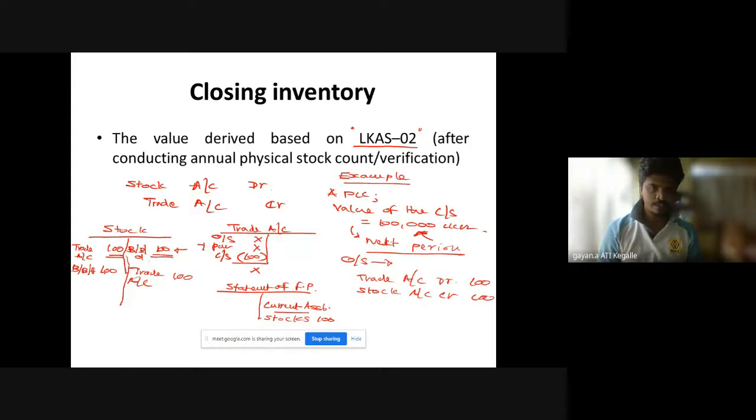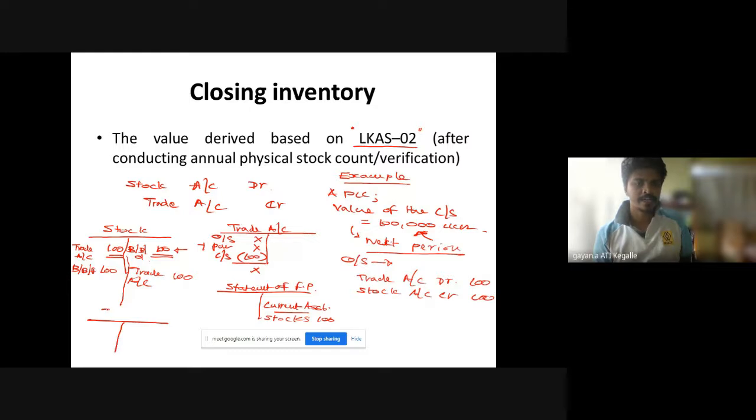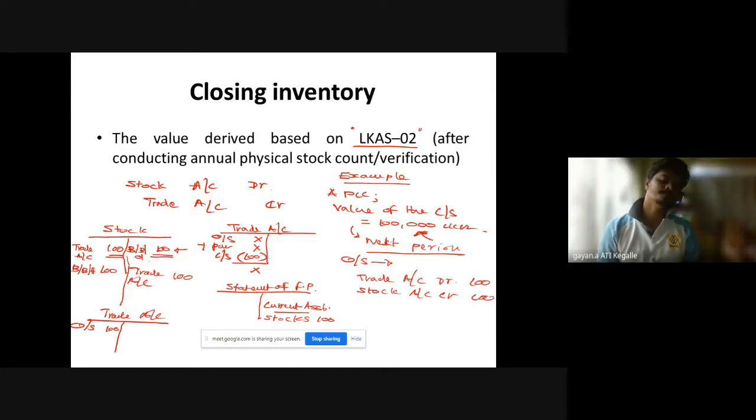Here, what we are doing now, after transferring the opening balance into the trade account, is this: if we draw the trade account of the next particular period, this is the opening stock balance. We have to record this.